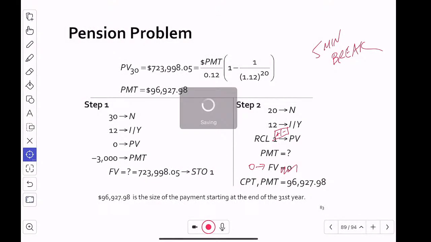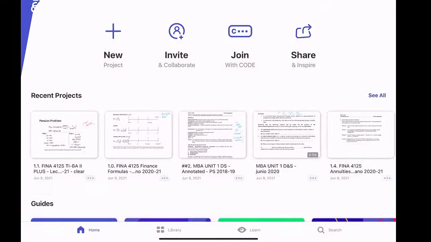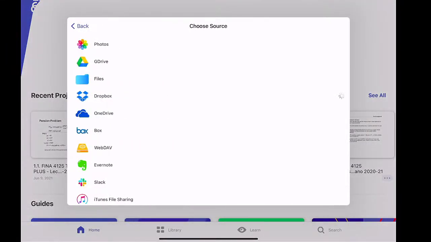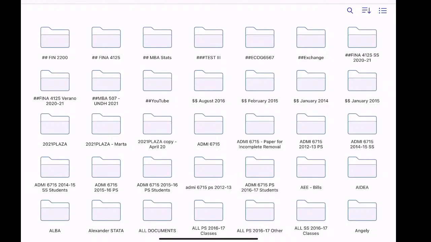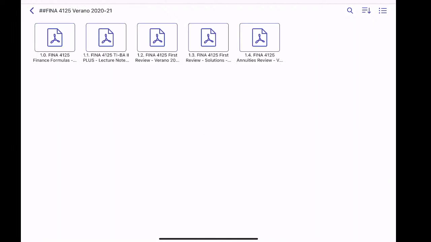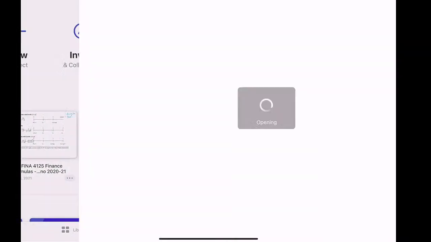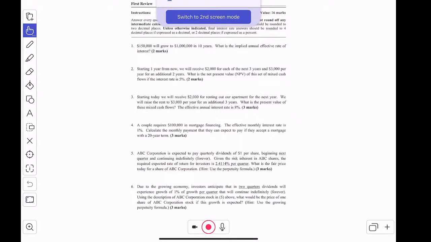All right, let's look at the exercises. Did you try these? Do you have any questions about these?